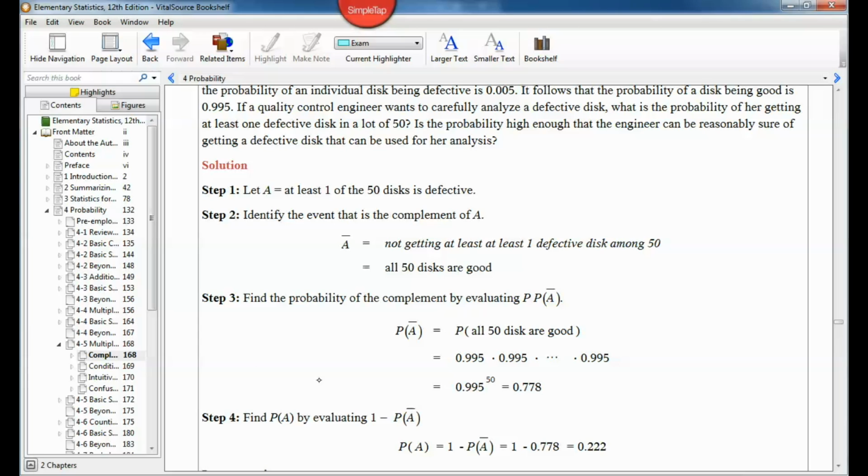So if we want to know the probability that at least one of the 50 disks is defective, then we say 1 minus the probability that none of them are defective, or that they're all good. And so if you say 1 minus 0.778, that's 0.222.